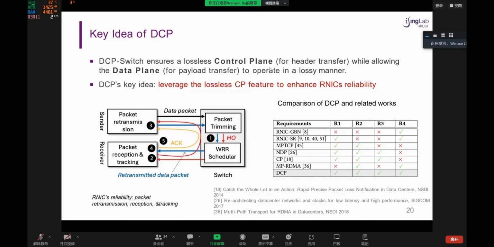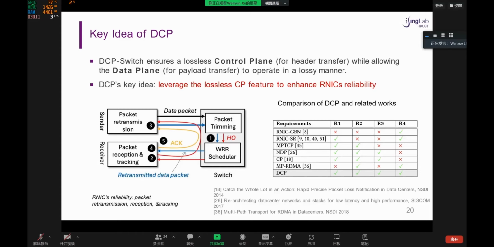So the receiver can use this information to do better receiver-driven congestion control or sending rate estimation. That's the main part of NDP, and DCP is more similar to CP because we both focus on loss recovery. The difference between DCP and CP is that CP's end host is software, but DCP's end host is an RDMA NIC. It's a totally hardware design.